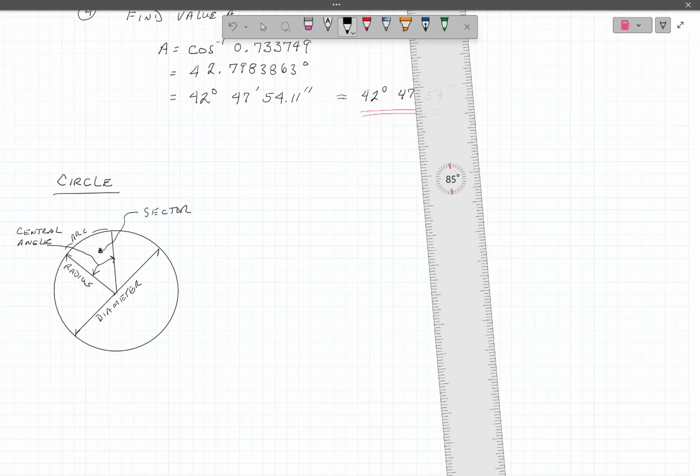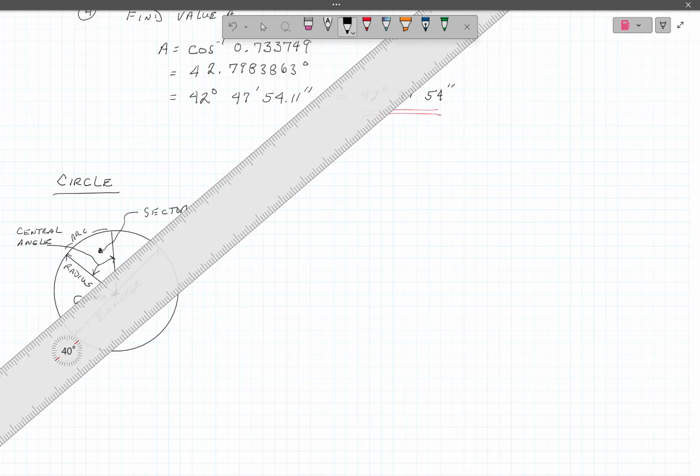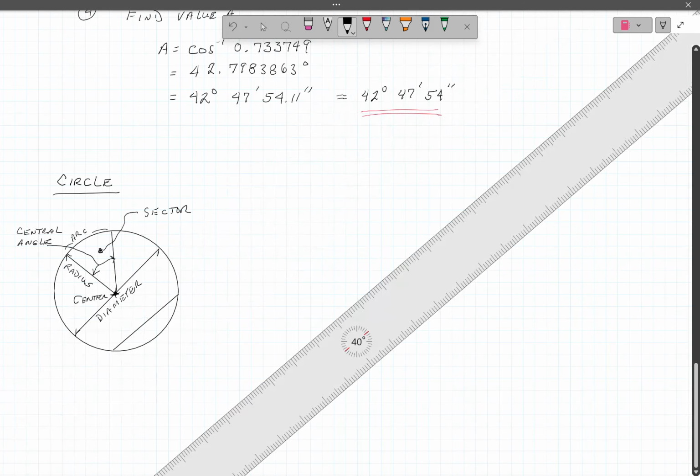Oh yeah, I should have put this in here. The plus dot here is our center. The other one we have is called a chord.